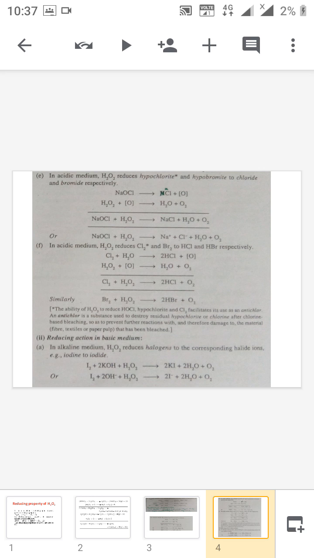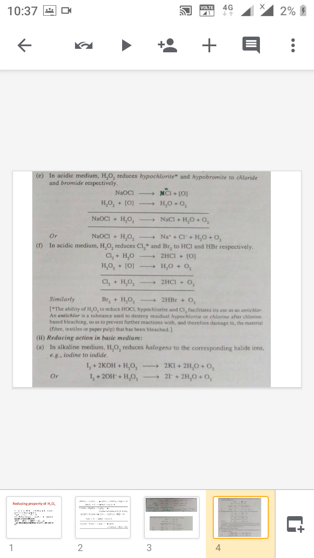So hydrogen peroxide can reduce hypochlorite to chlorine and chlorine to chloride. Similarly, hydrogen peroxide can reduce hypobromite to bromine, and it can also reduce bromine to the corresponding HBr.